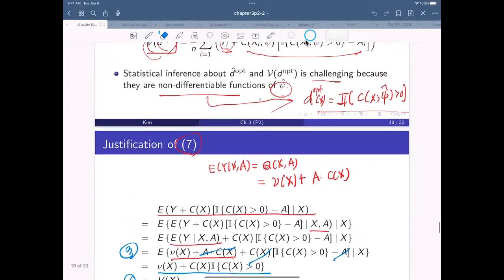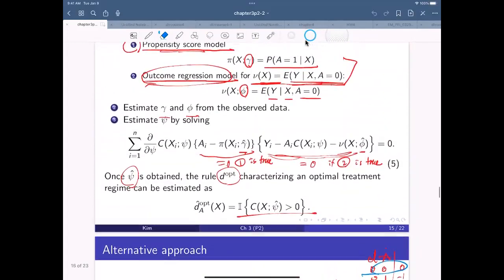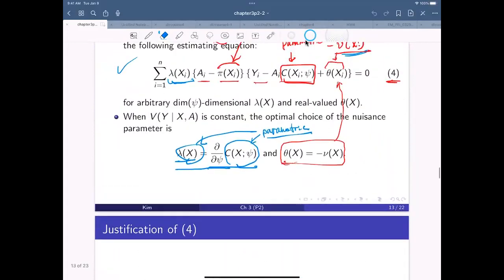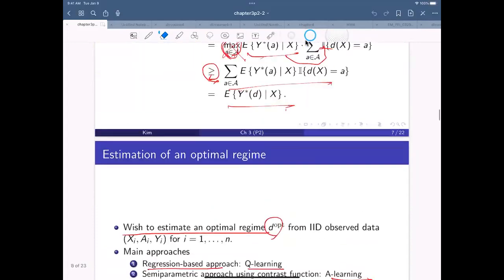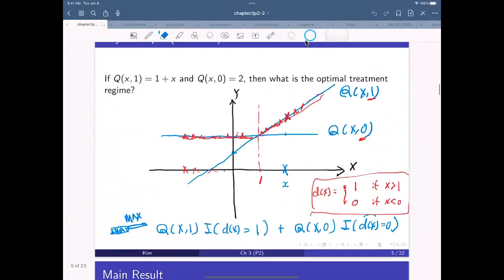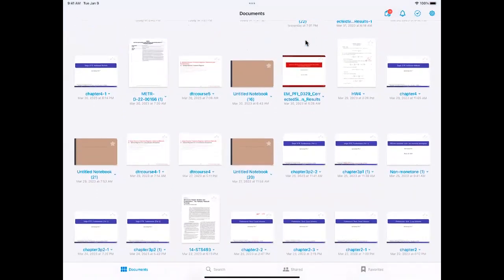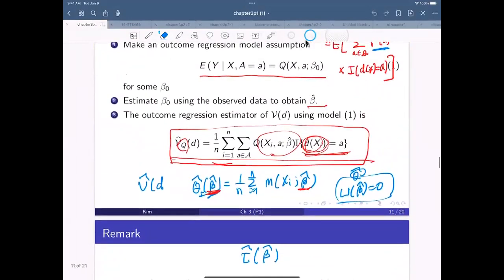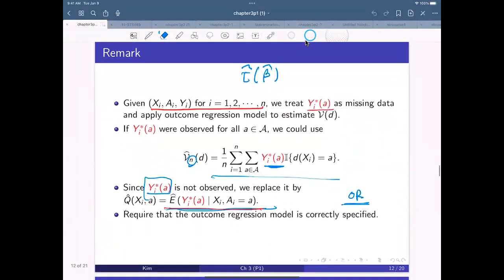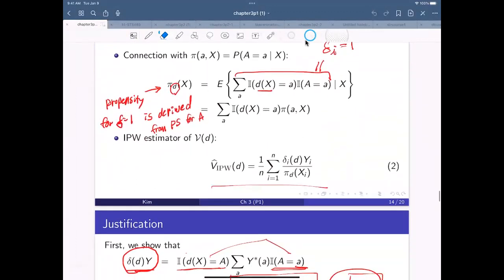This is optimal. Actually, even part 3.1 P1. So this is the outcome model, and then, right, this one.